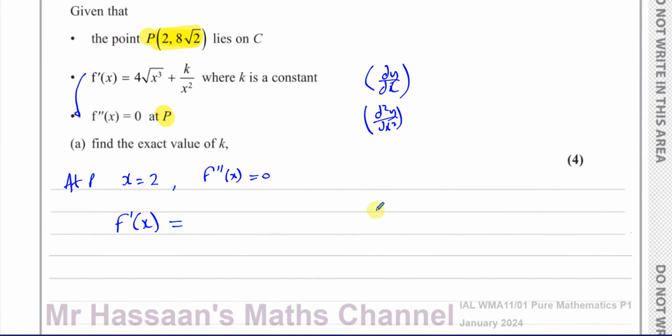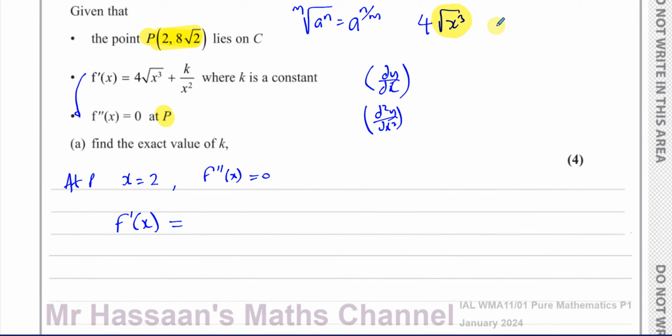So what we can do is rewrite this. We have 4 times the square root of x cubed. Now we can use the law of indices. The law is that when you have the m-th root of a to the power of n, you can write that in index form as a to the power of n over m, where the power is the numerator and the root is the denominator.